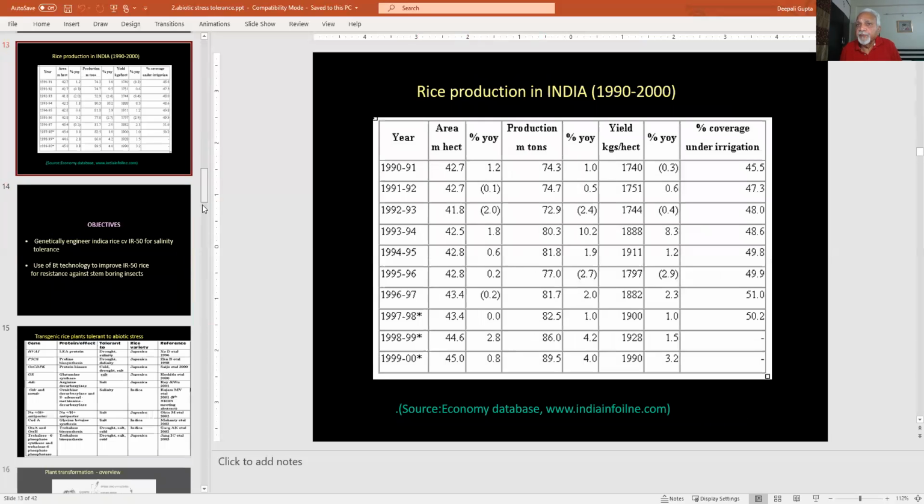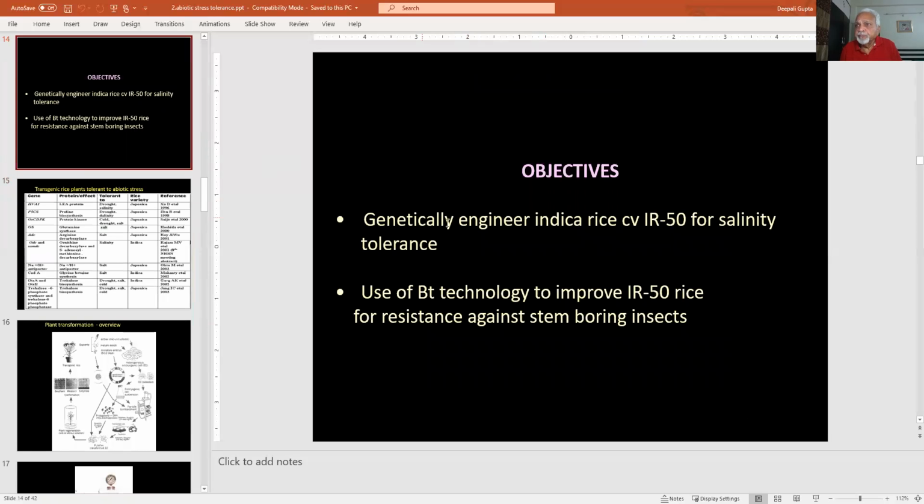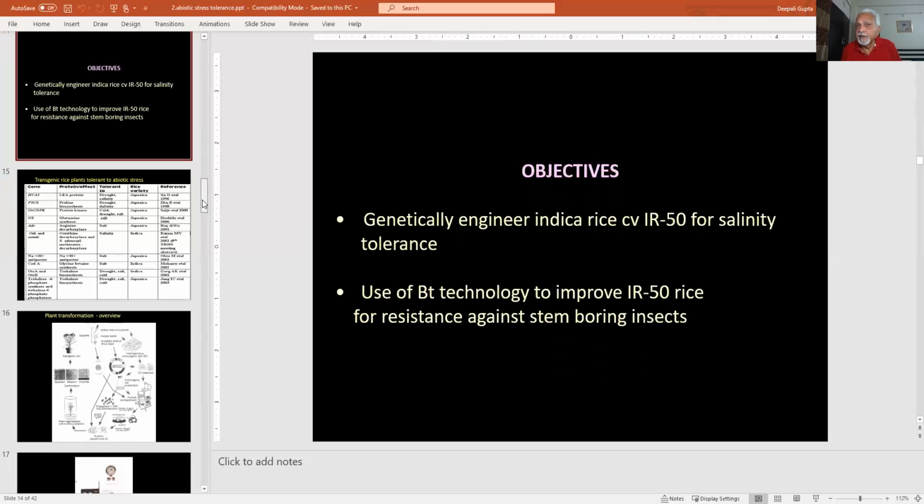The point I'm trying to make here is that we'll be focusing on how the indica cultivar, IR50, which is a very popular cultivar in South India, is grown and eaten there.